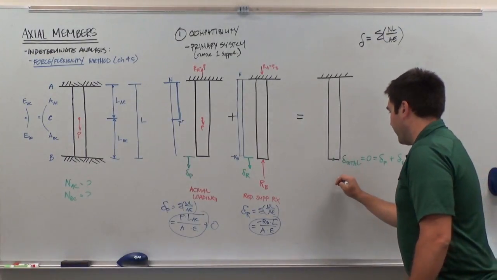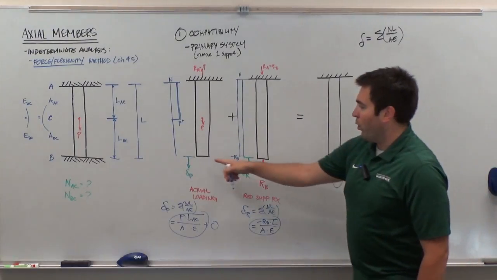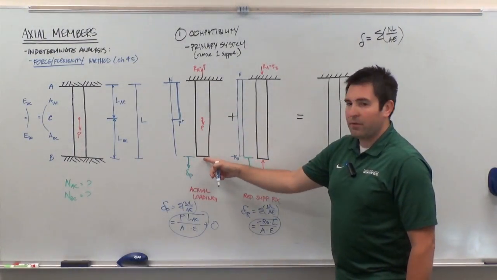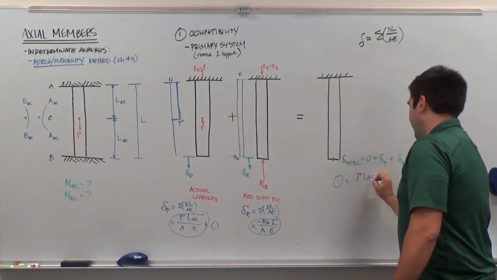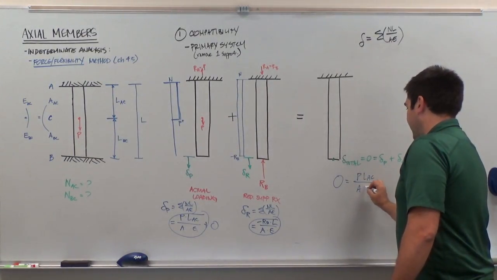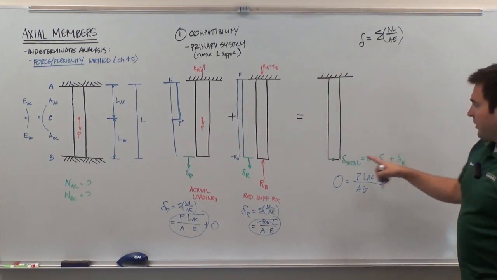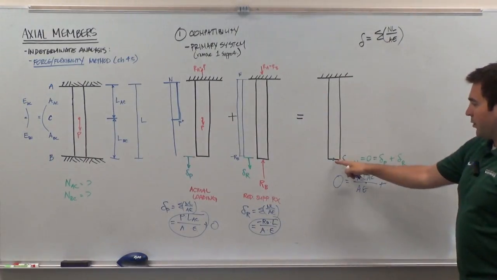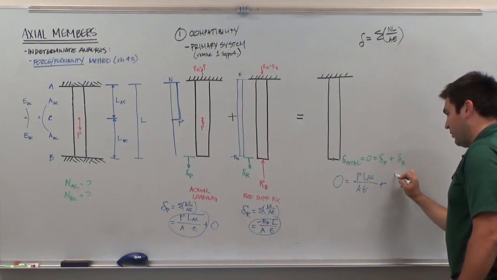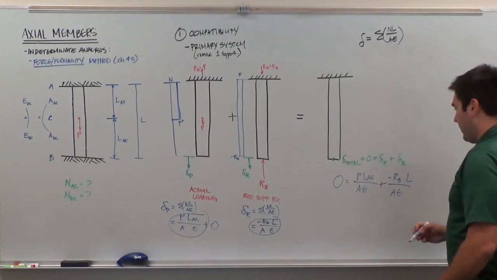I can say that the total deflection, which is equal to 0, equals the change in length that would happen due to the point load if the support wasn't there, which is P times L sub AC divided by AE, plus the deflection due to the redundant support reaction that's necessary to get this back to 0 displacement, which would be minus R sub B times L divided by AE.